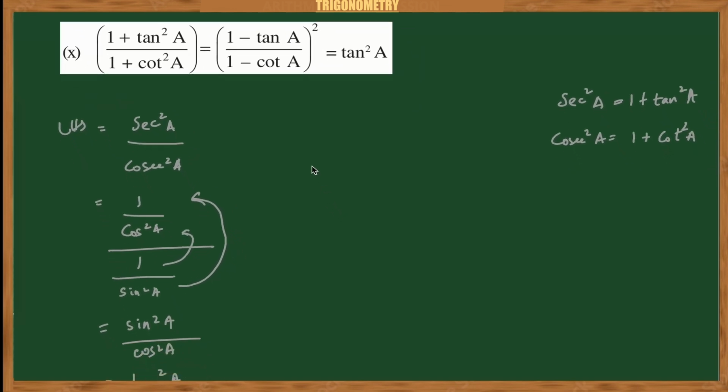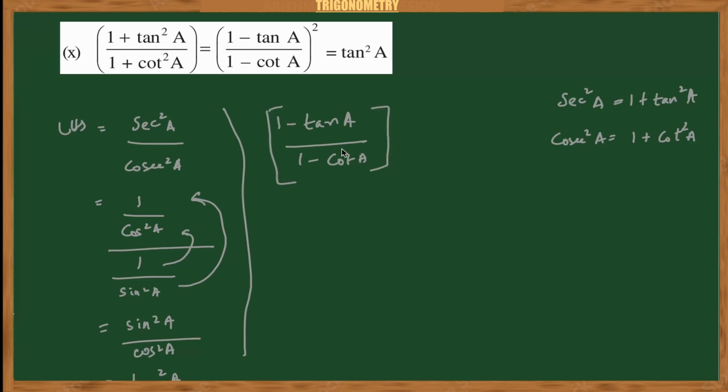So let's try to use the second equation and solve it. (1 minus tan A) divided by (1 minus cot A), the whole square. Let's first convert this into one format so that we get it in tan.